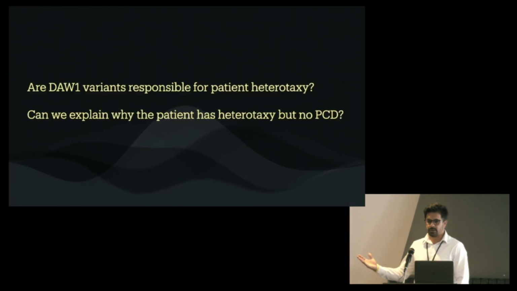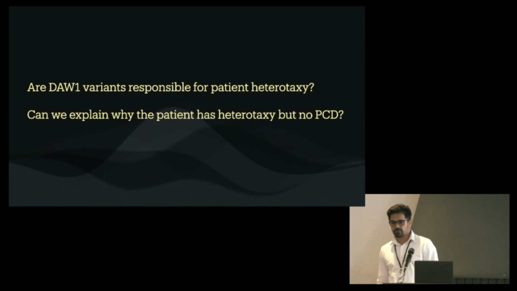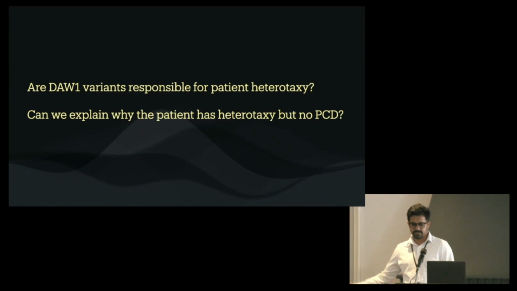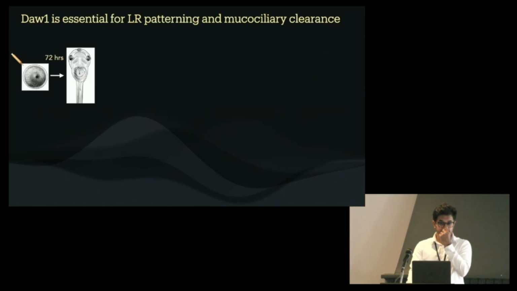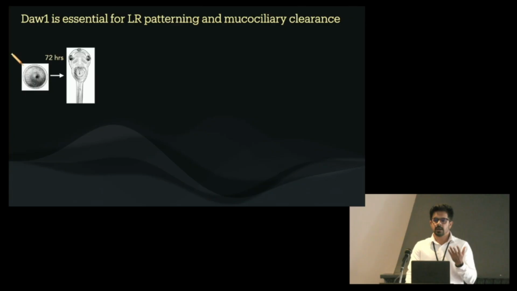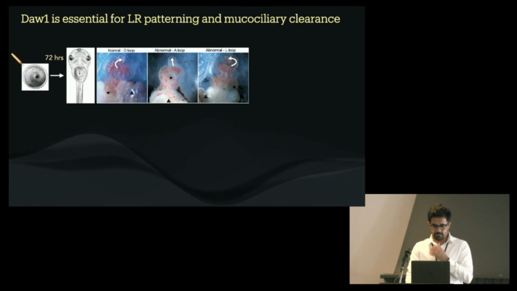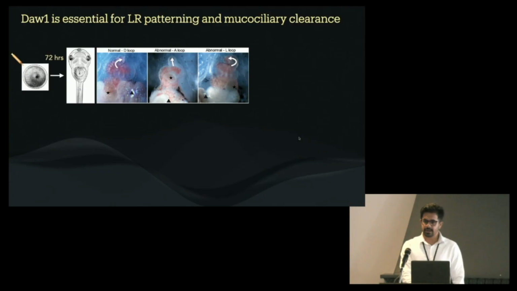So coming back to these questions, can we use frog as a model system to address them? The first thing we did was take these frog embryos and inject them with the morpholino to deplete DAW1, or take it out of the frog. Then we looked at heart development, gallbladder and intestine position.